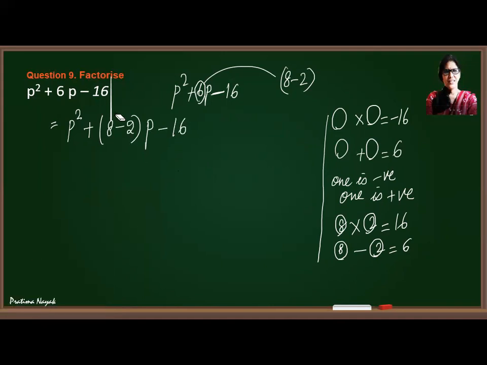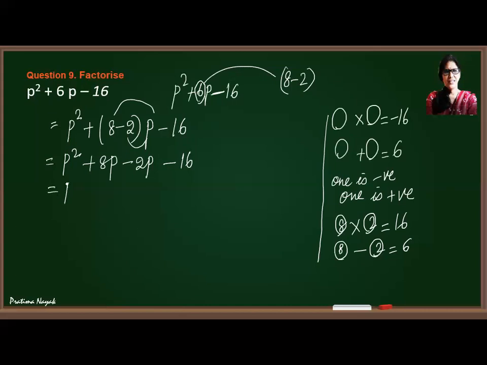I hope everyone understood. 8 minus 2 is 6. The next step is very important because I'll write 8 into p, so it will be positive 8p, and minus 2 into p, it will be negative 2p, and minus 16 is as it is.